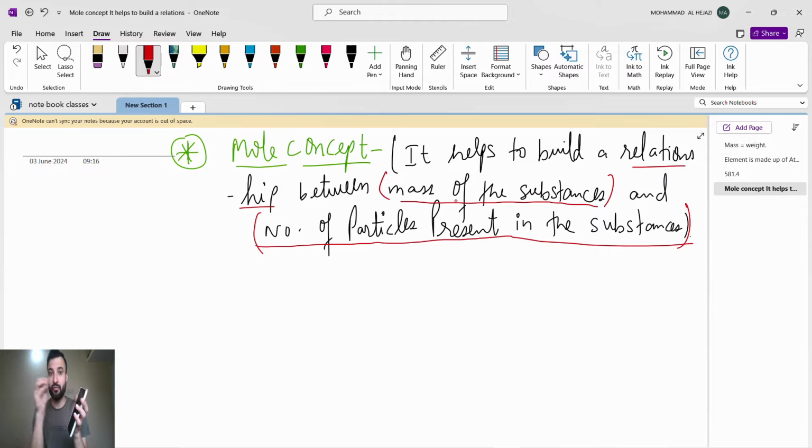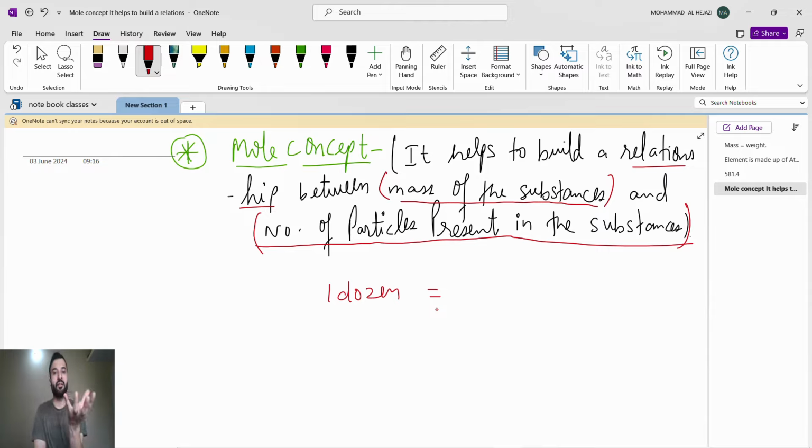Okay, this we can say with the help of the mole concept. Or suppose I say there are this many particles, so you will say this is the mass of the substance. Example: 1 dozen.